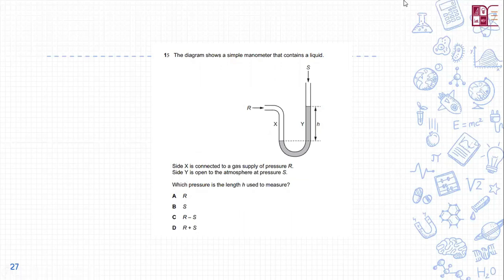So when the gas supply is greater than the atmospheric pressure, as we discussed, it drives the mercury upwards. We're going to add them, all right? So R plus S, P atmospheric pressure plus P mercury is what we did in the previous slide. So mercury being the gas supply one, all right?